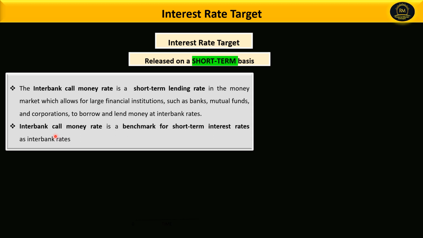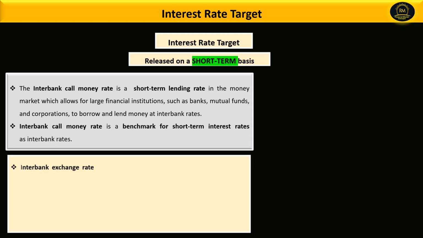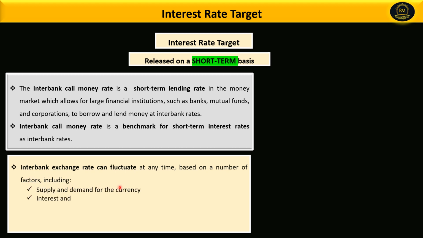It's a benchmark rate and a very fluctuating rate, because the interbank exchange rate can fluctuate at any time based on a number of factors like supply and demand for the currency, interest and inflation rates in the country, trade deficit, government debt, political and economic stability.